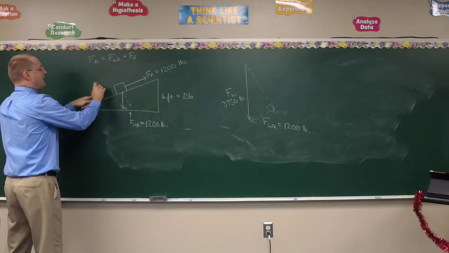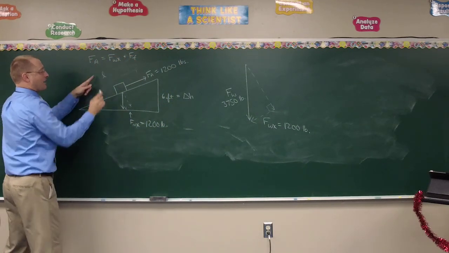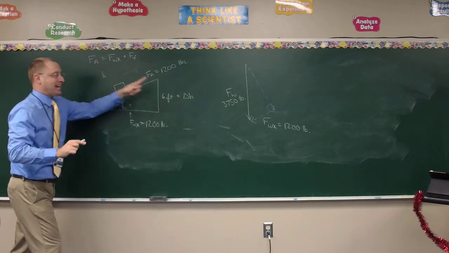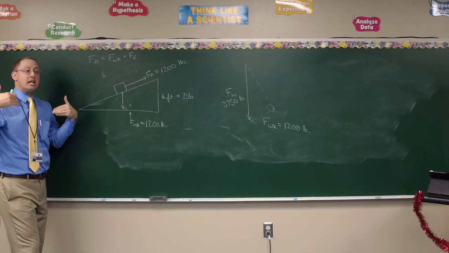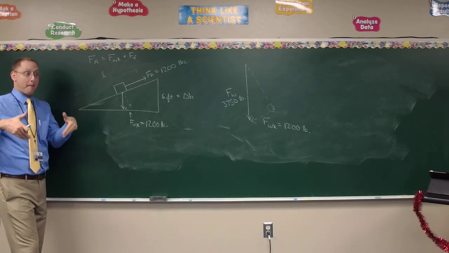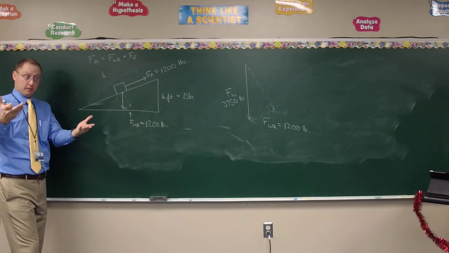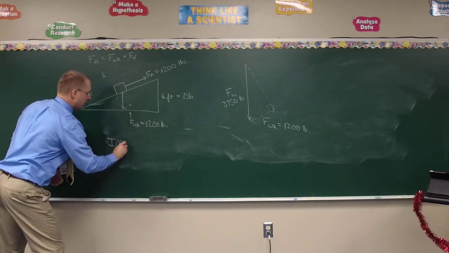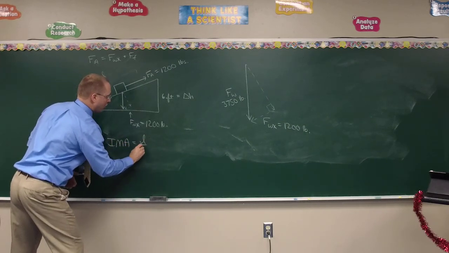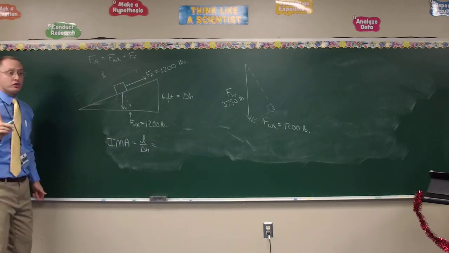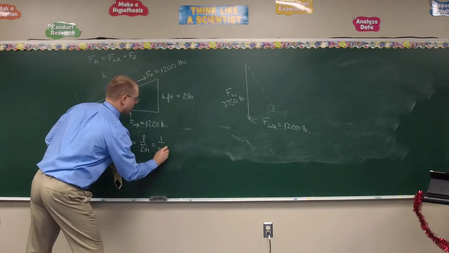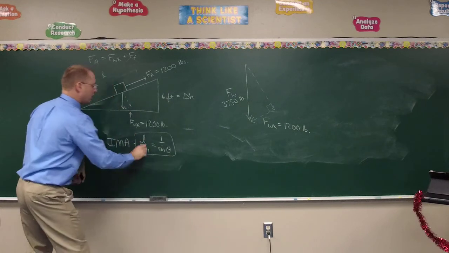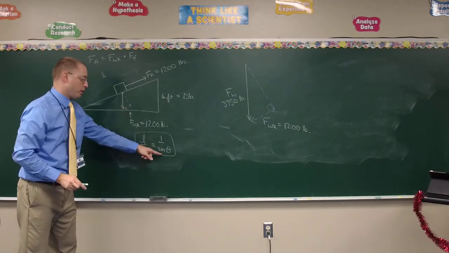And we know that the length of the ramp and the change in height are connected because this is input distance, output distance, class. That's the IMA. IMA is length over change in height, but IMA is also 1 over sine, and therefore, length over change in height equals 1 over sine theta.